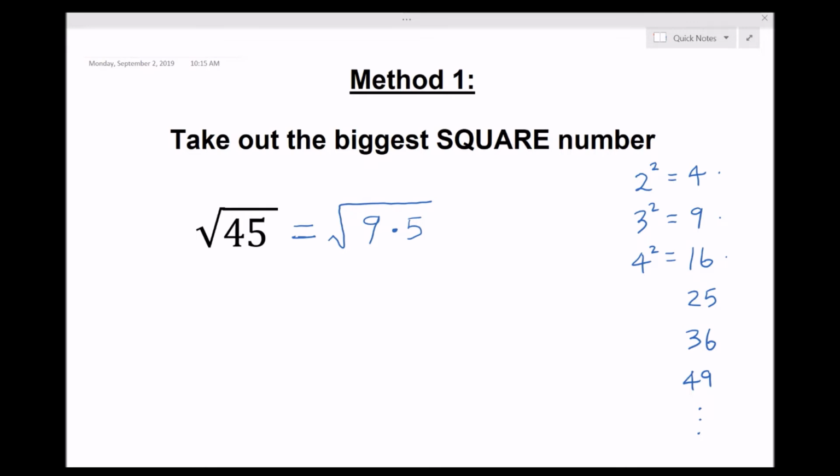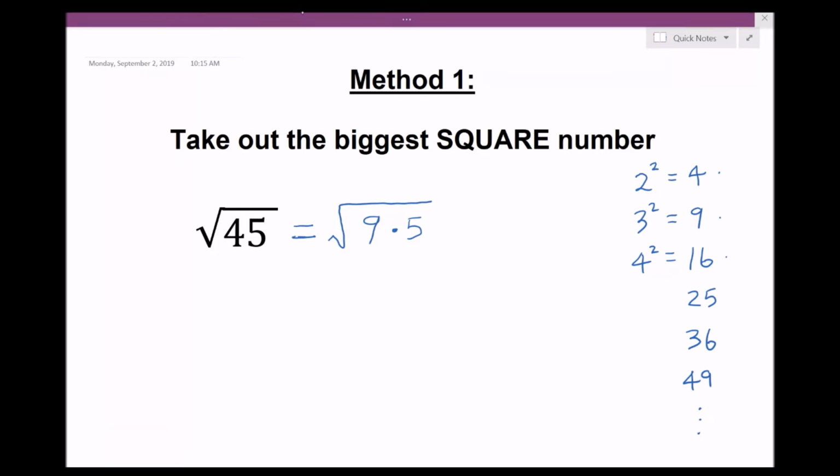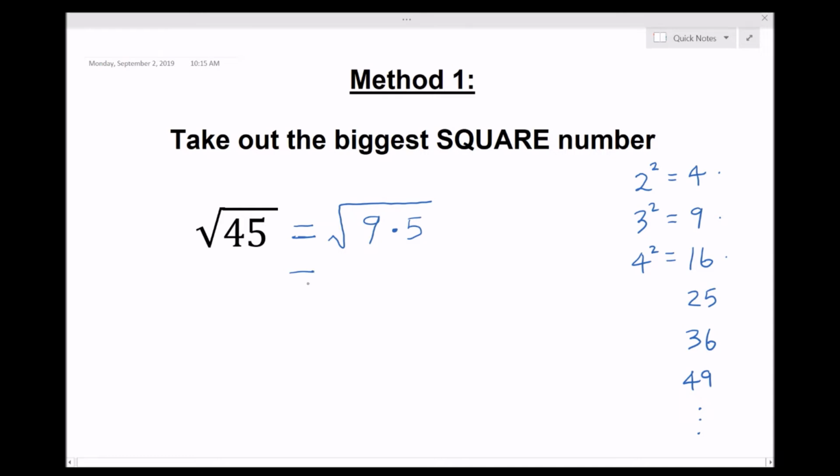When you have a square root and two numbers being multiplied inside a square root, you can split the square root. You can apply it to each thing separately. So this becomes square root of 9 times square root of 5.